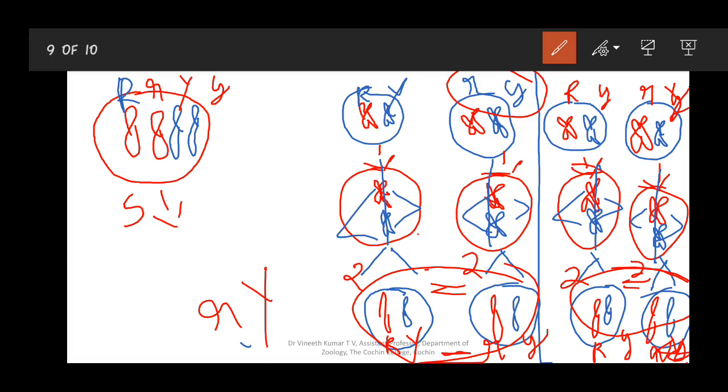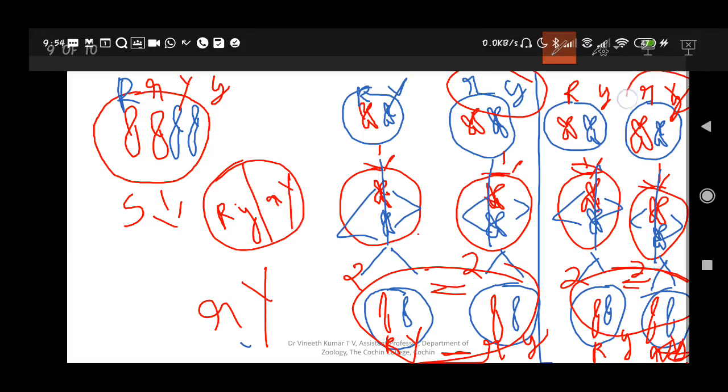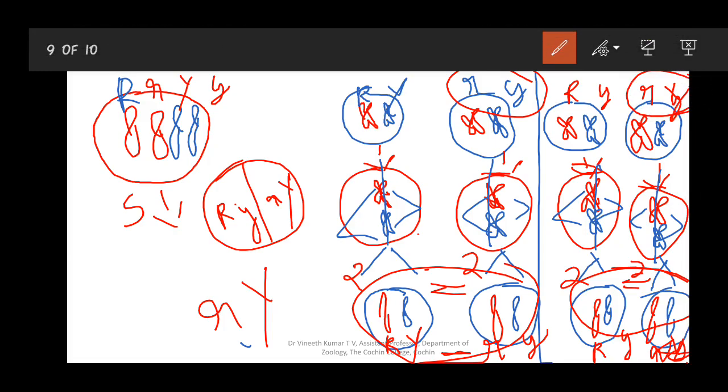If I had made a mistake, just remember in the second possibility, when you divide in the metaphase arrangement, one will be with capital R, small y, the other will be with small r and capital Y. This is the alternate arrangement you see. I wrote it wrong, that's why I came back and checked. Here you have small r and capital Y.